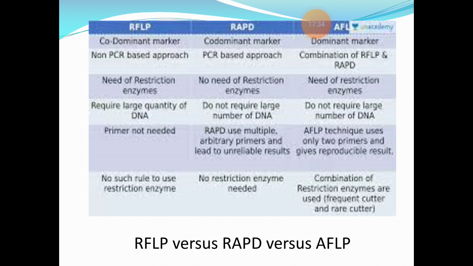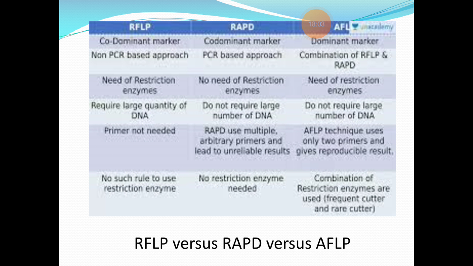RFLP, there is need for restriction endonucleases. RFPD, no need of REN, whereas in AFLP, there is need of restriction endonucleases. RFLP requires large quantities of DNA. RFPD, very meager amounts of DNA. And AFLP does not require large quantities of DNA.